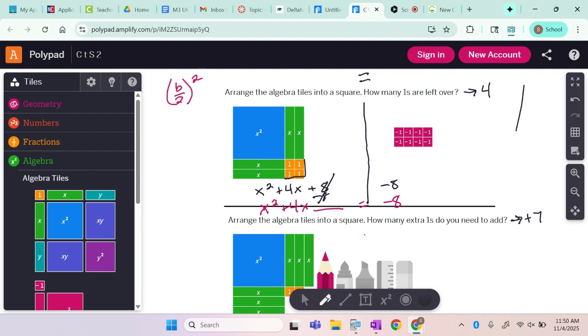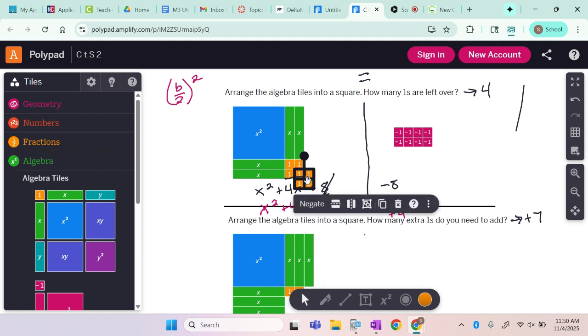Now, here's the kicker. Whatever we add to one side, so if we add 4 here, what do you think we're going to have to do to the other side to keep it balanced? Add 4. So watch this. I'm going to duplicate this, drag it over here, and I'm going to put it on top of 4 of my ones.